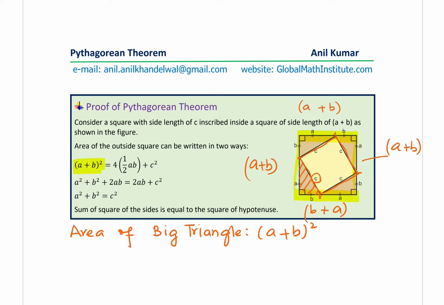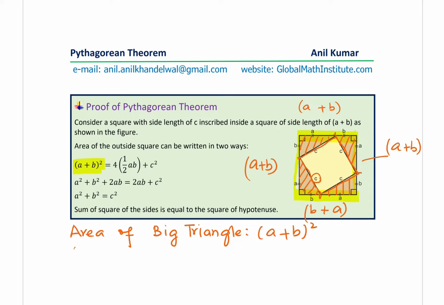The other way to look into this particular area is that it is also equal to the area of four small triangles. As you can see, these are the four small triangles, correct? And the area of a triangle is half base into height.